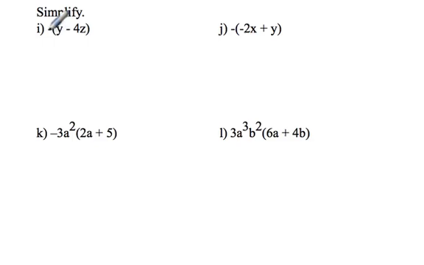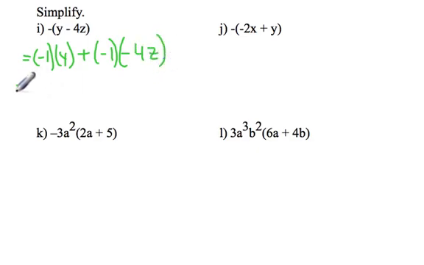Question I. Remember again that if there's negative in front of the bracket, that simply means that there's negative 1 in front. So it's negative 1 times the first term in the bracket, which is y, plus negative 1 times the second term in the bracket, which is negative 4z, equals negative 1 times y is negative y, and negative 1 times negative 4z is positive 4z, equals negative y plus 4z.